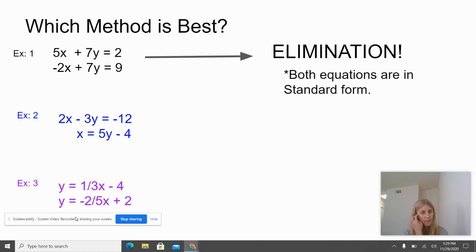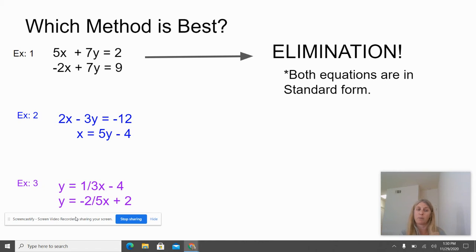So in this case, x is equal to 5y minus 4. So we're going to rewrite the top equation by going 2, and then where x is, we're going to put parentheses and put what x is equal to, which is 5y minus 4. Close those parentheses, minus 3y equals negative 12. We're then going to distribute by multiplying everything by that 2, and then solve for y.